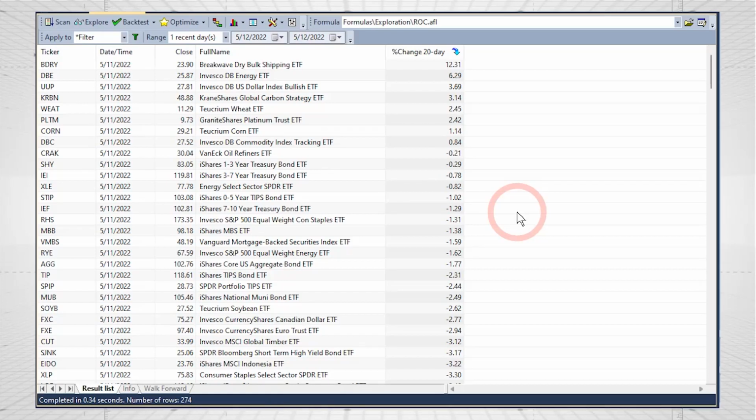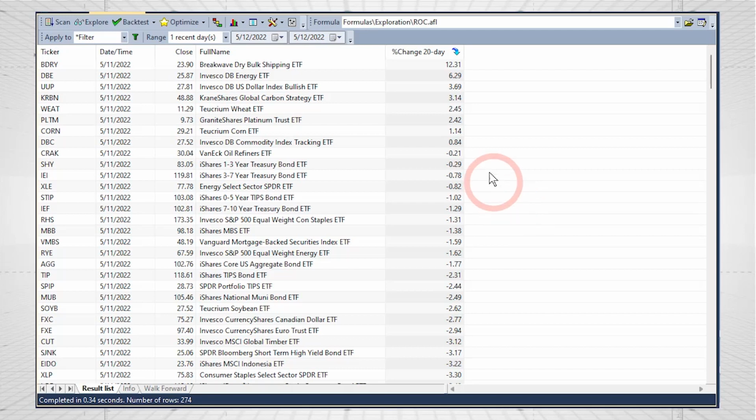So I have a master list of 276 ETFs, and that's available to subscribers. And it's organized in a top-down manner. I was running through some scans on this list, and I did a scan for the 20-day rate of change.